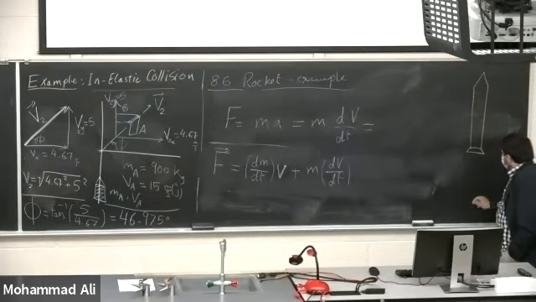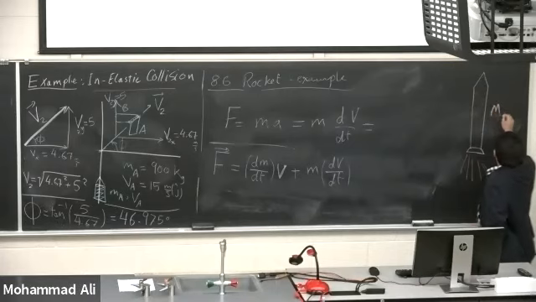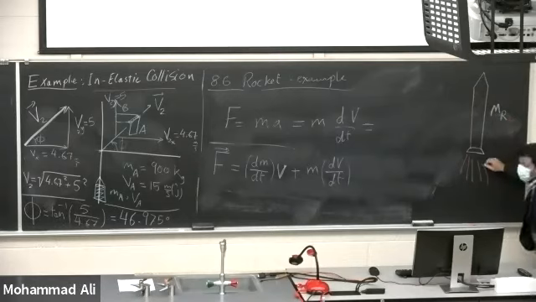For the rocket, there is the mass of the rocket. This is the mass of the rocket. And there is some material, gases, that go out from this rocket with constant velocity. So this is V exhausted materials.